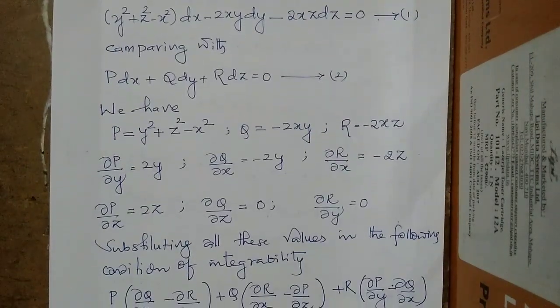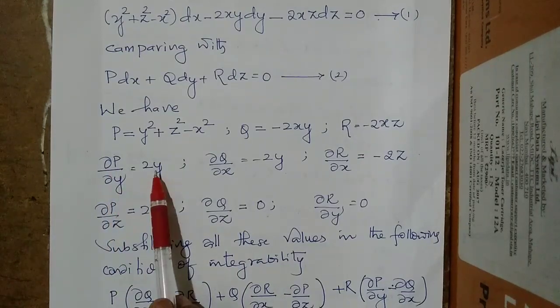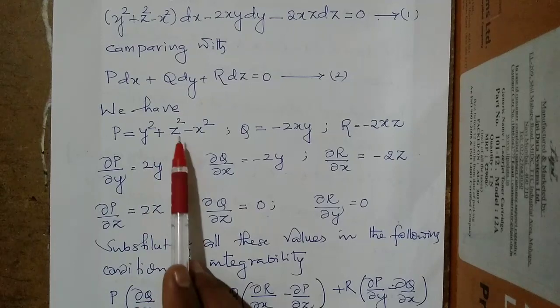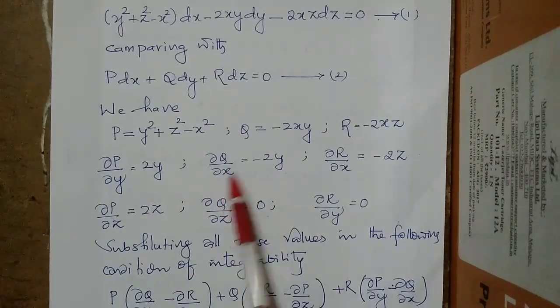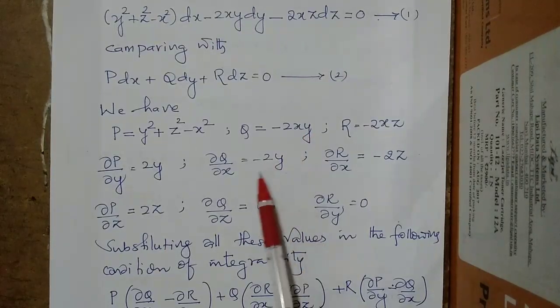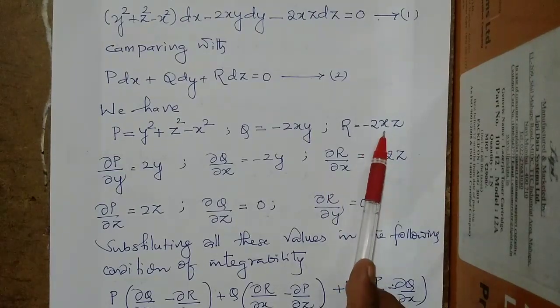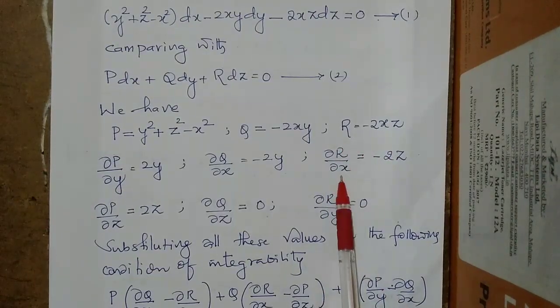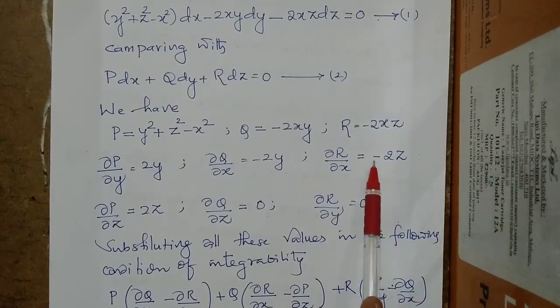Now we have to differentiate these. Dou P by dou y, differentiating with respect to y, we get 2y; z and x are constant. Similarly, dou Q by dou x, with respect to x, is minus 2y. Dou R by dou x, differentiating x gives 1 and the remaining are constant, so it is minus 2z.